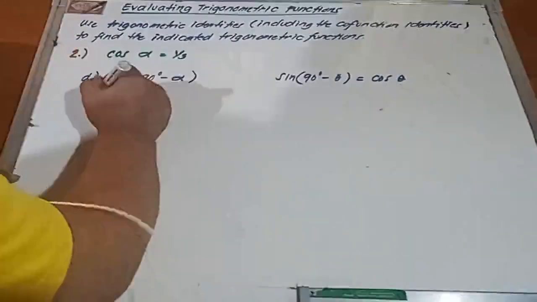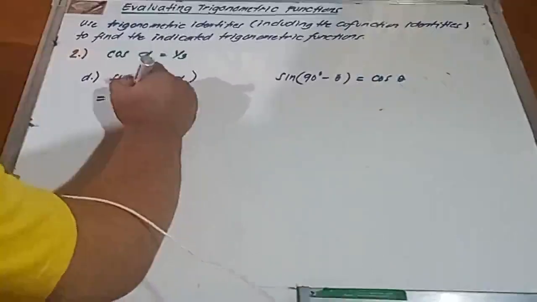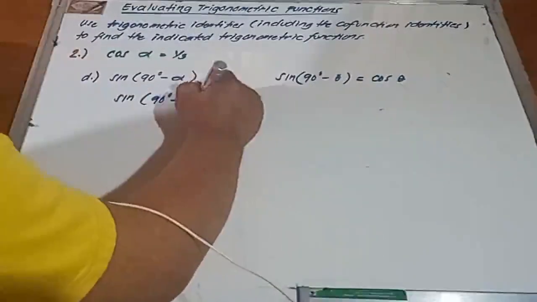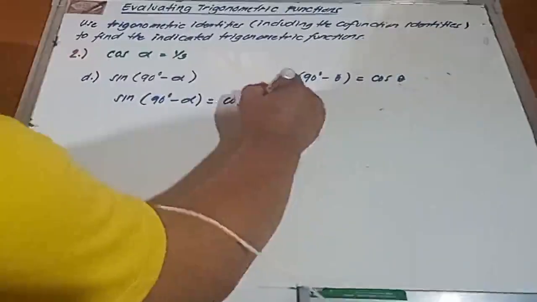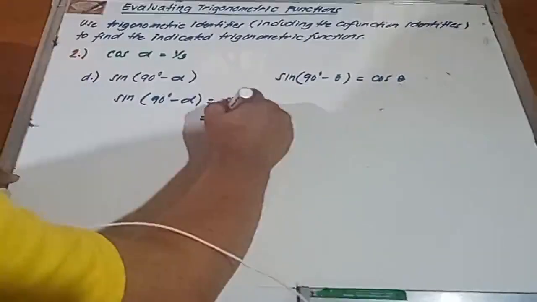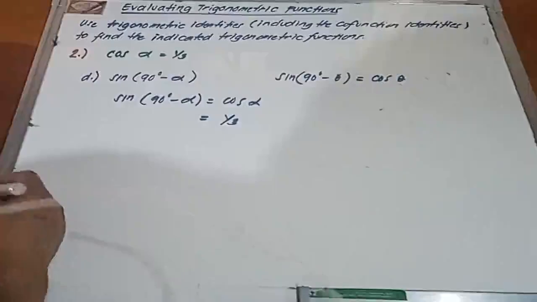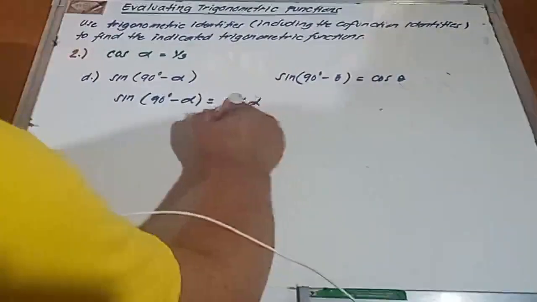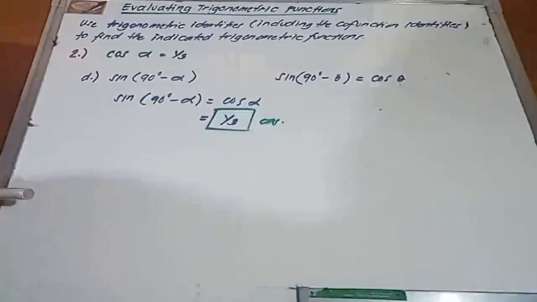So, therefore, sine 90 degrees minus alpha is equal to cosine alpha. Therefore, this is equal to 1/3. So, yun yung ating example in evaluating trigonometric functions by applying the trigonometric identities, including the cofunction identities. Okay? Thank you.